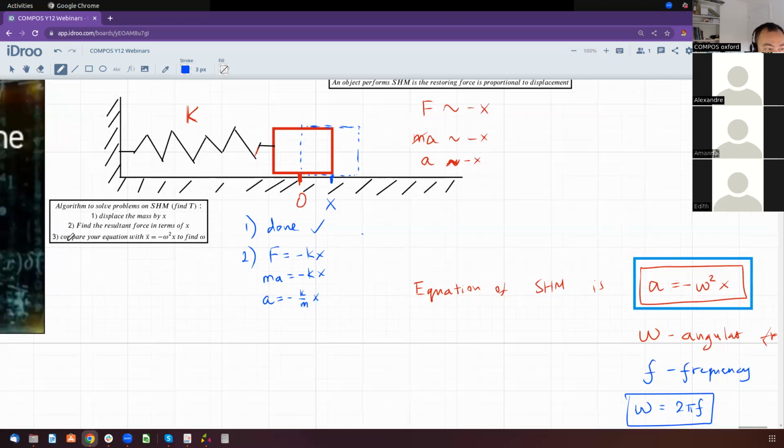So we've done 2. Compare your equation with a equals minus omega squared x. Comparing these two equations, we can see that omega squared is equal to k over m.